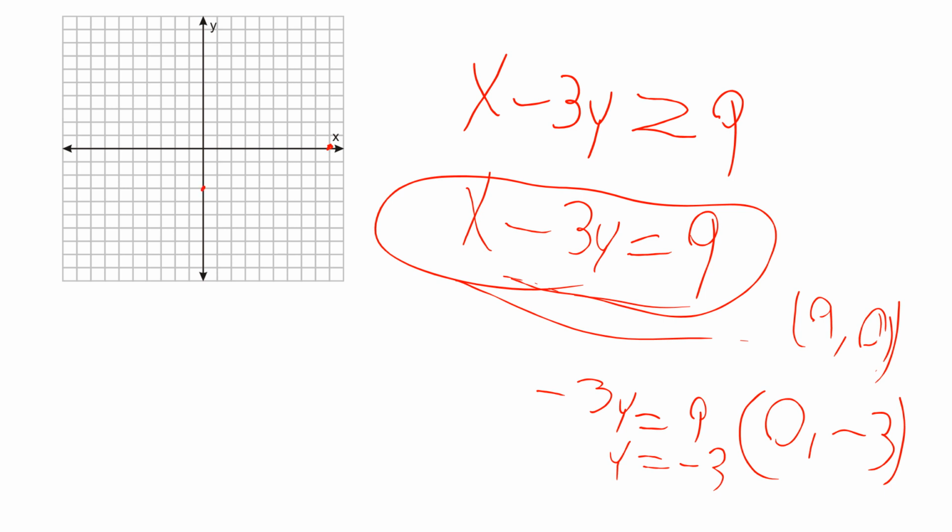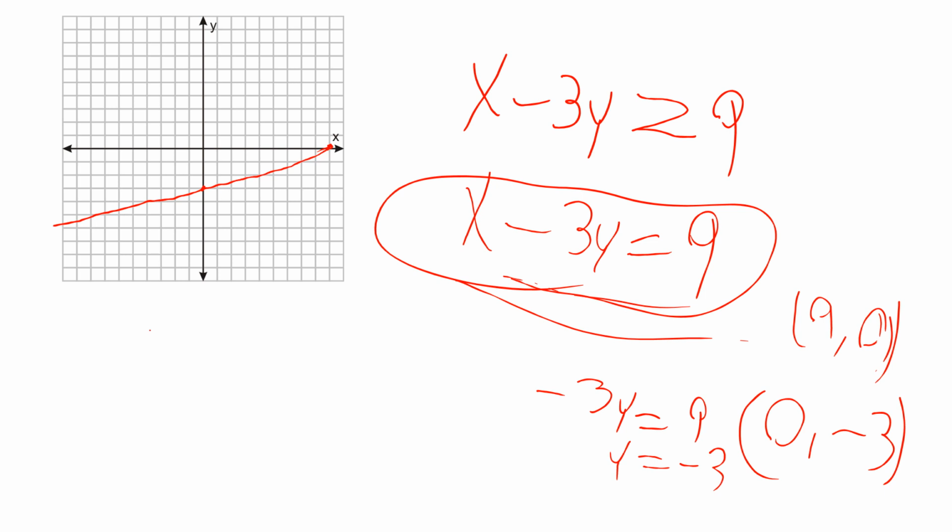Alright, there we go, a somewhat straight line.